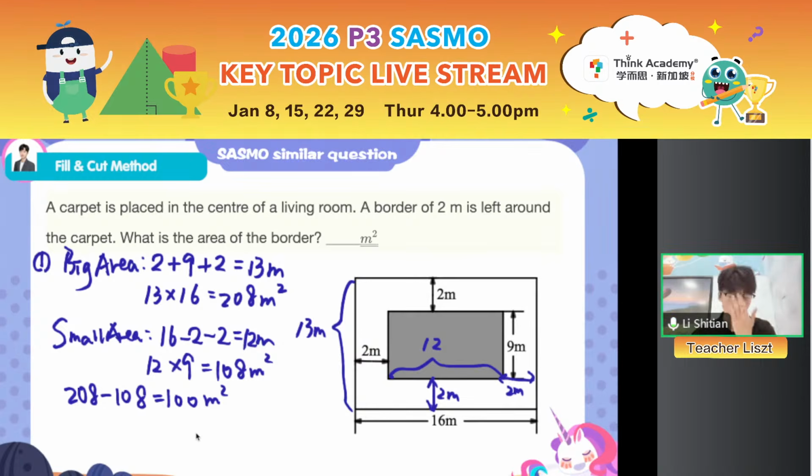So now, why is the unit for the area meter square? Teacher Liz will tell you that actually the meter square, we can write it as meter times meter. Because if we want to find out the area, we need to use the length times breadth, or the length times length, right?